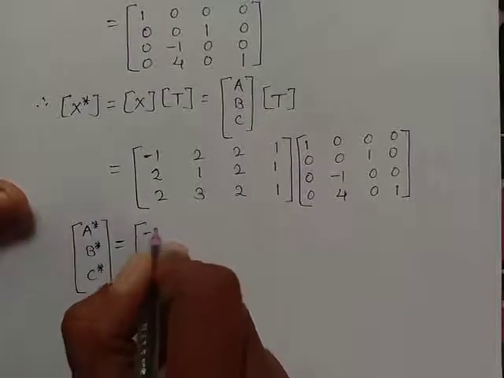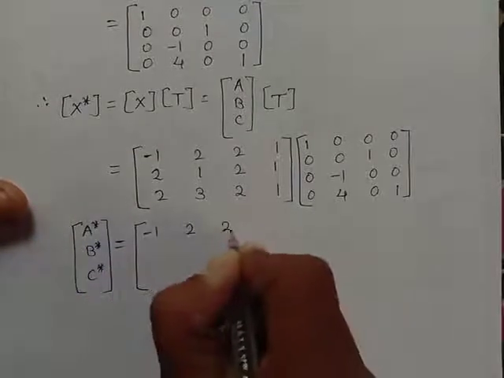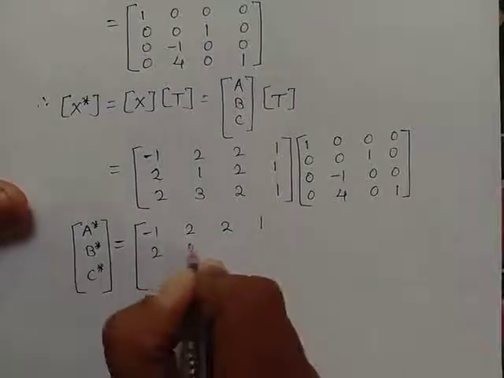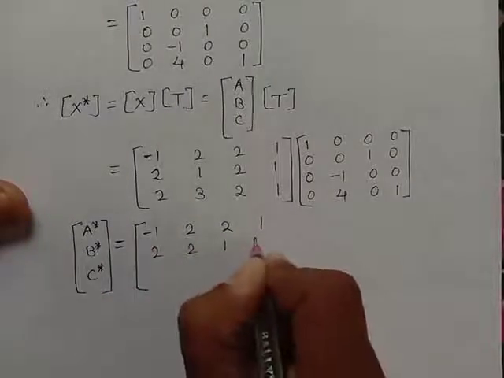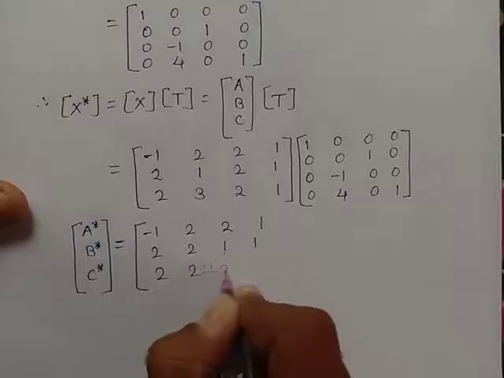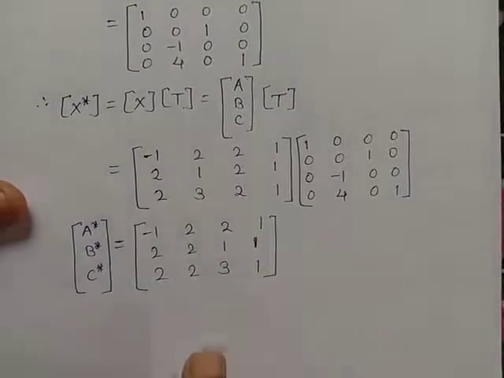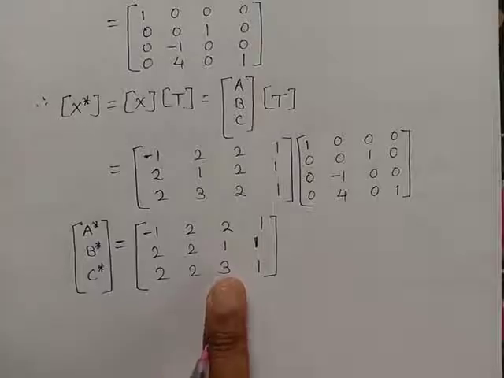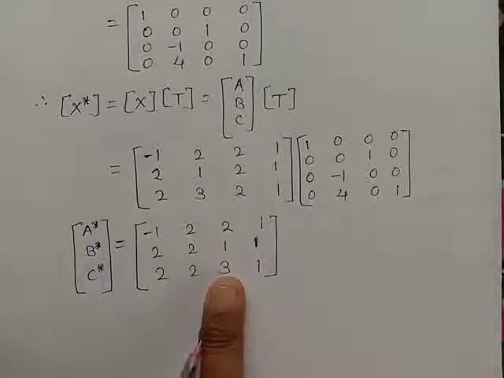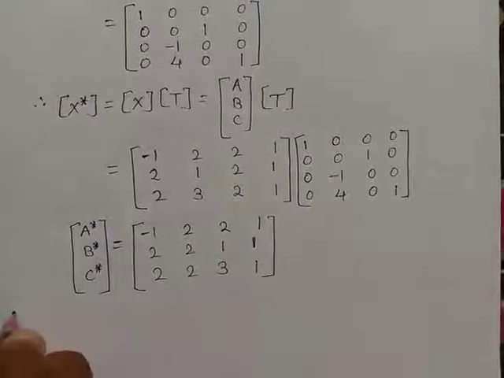That is -1 2 2 1, 2 2 1 1, 2 2 3 1. This is our required new triangle, right?